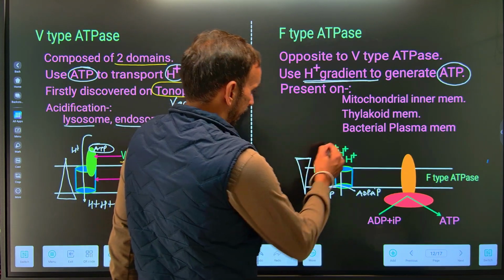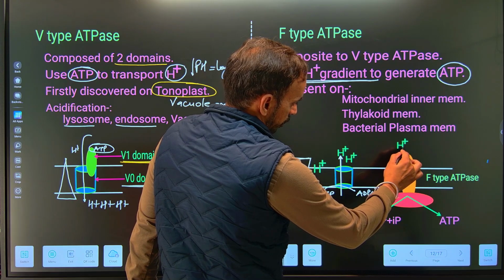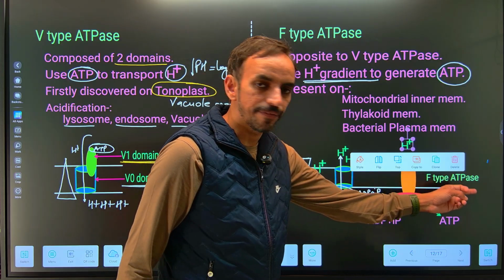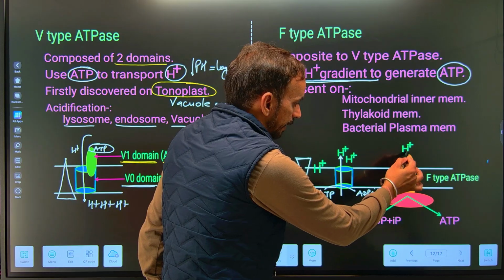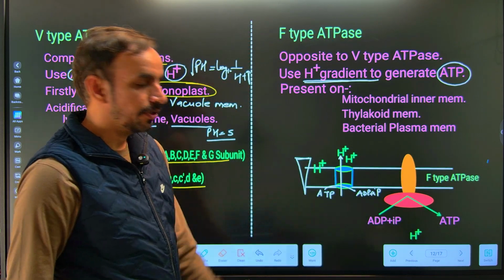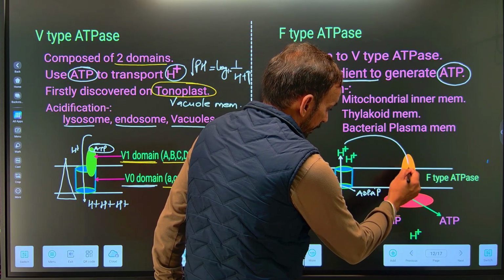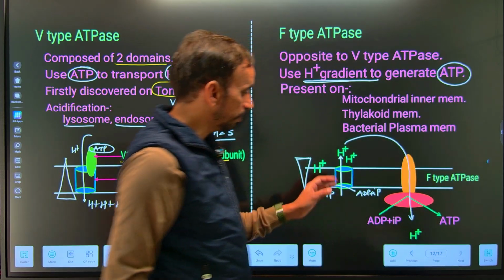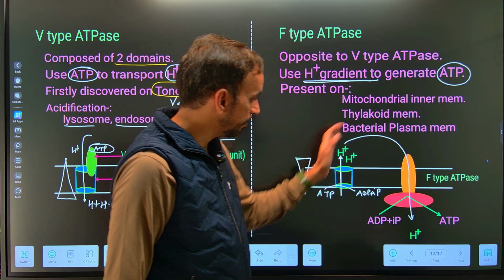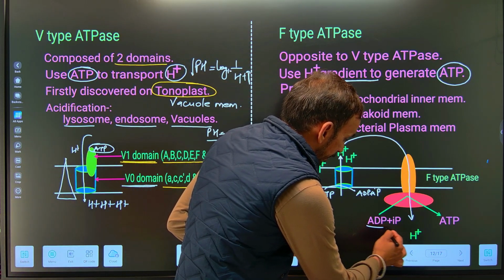Now when these H plus ions, they come back into the bacterial cytoplasm through a specific type of transporter which is called as F-type ATPases, then there is a downhill movement, that is the movement from higher concentration to the lower concentration of H plus ion, and this downhill movement of H plus ion, it will convert the ADP into the ATP.